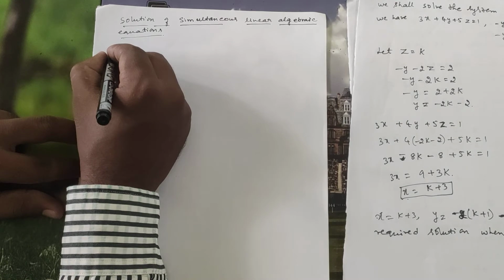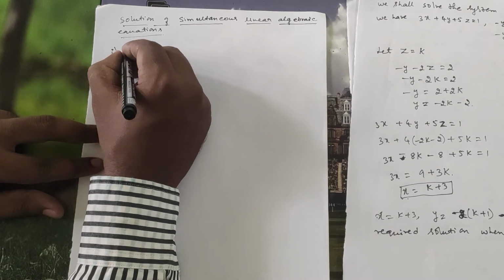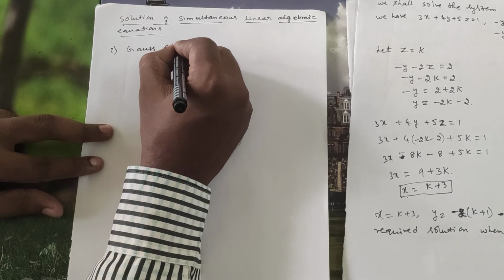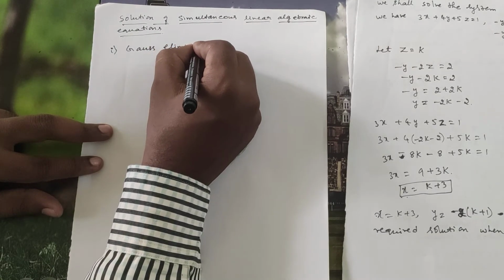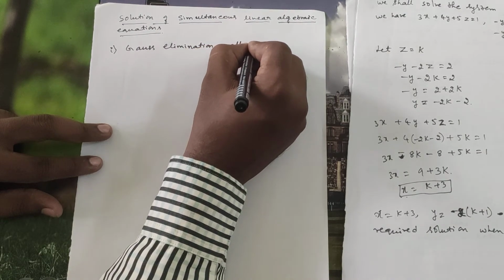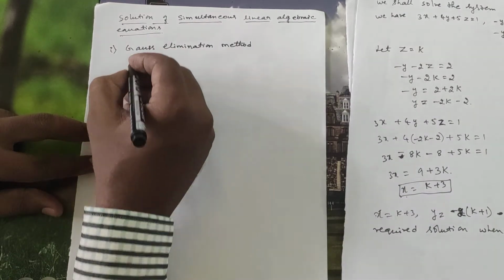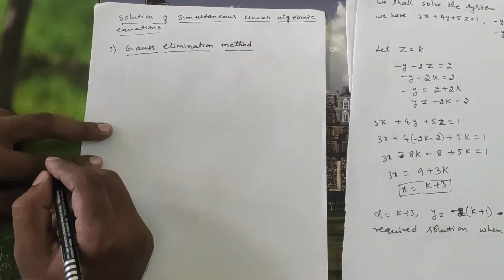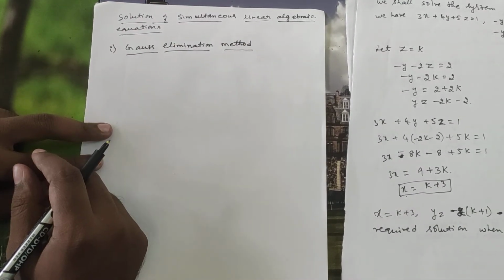So in this method you get two types. One is Gauss elimination method and another one is Gauss-Jordan method. So I will talk first about Gauss elimination method.